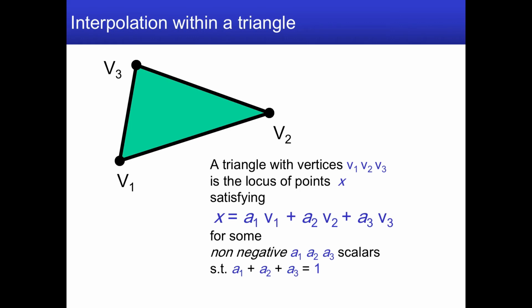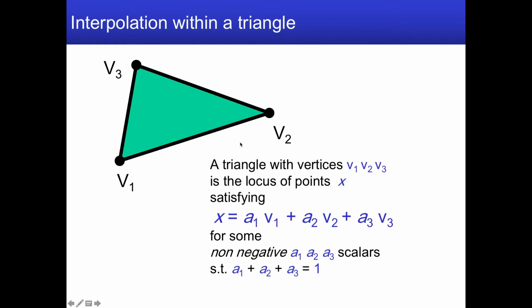a triangle is the set of points such that you can express this point as a linear combination of its vertices. Instead of in a line there was 2, in a triangle there are 3, but it's the same thing, right? You have 3 scalars that sum up to 1.